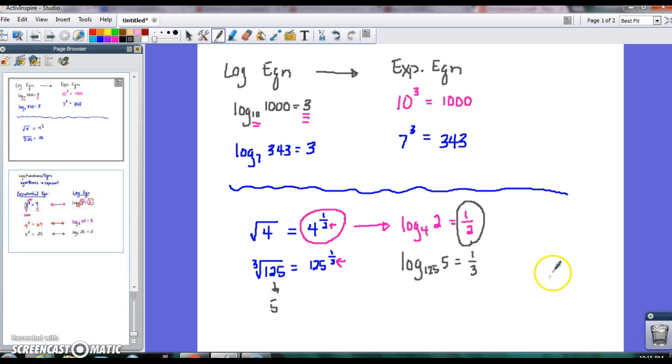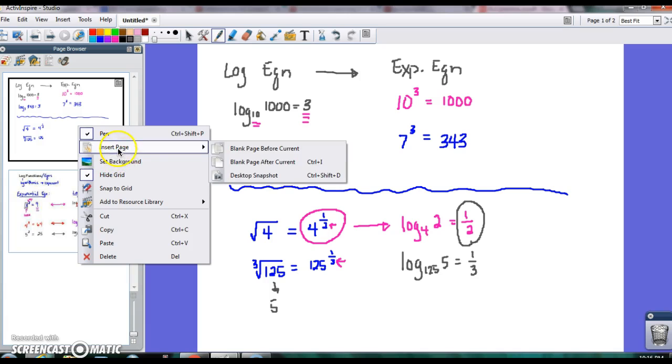Okay, so that's just another way of writing it. It's just another example of a different type of log function that you might see. Okay, so I wanted to show that to you as well.